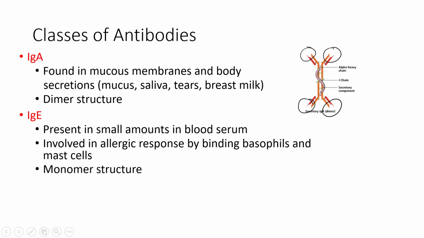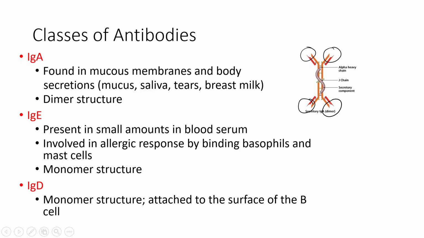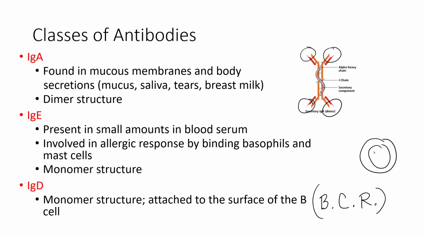And it's a monomer. Okay, IgD, this is our last class of antibody, monomer structure. This is what's attached to the surface of the B cell. So this is actually the B cell receptor, the BCR. So when we draw the B cell, which we did in the last video, and we showed the receptors on the surface of the B cell, well, that was IgD.